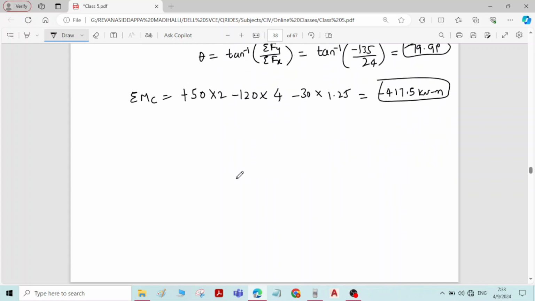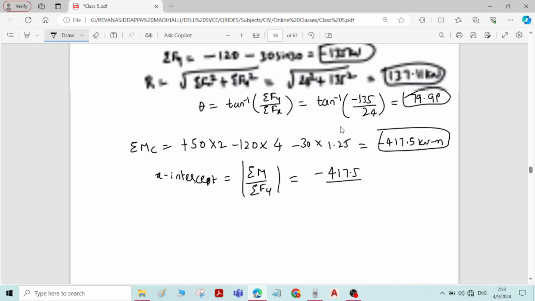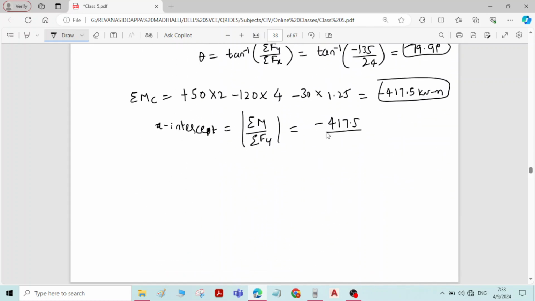Now we can find the x-intercept. X-intercept is equal to sigma M by sigma Fy, which is equal to minus 417.5 divided by sigma Fy, which is minus 135. The answer is 3.09.